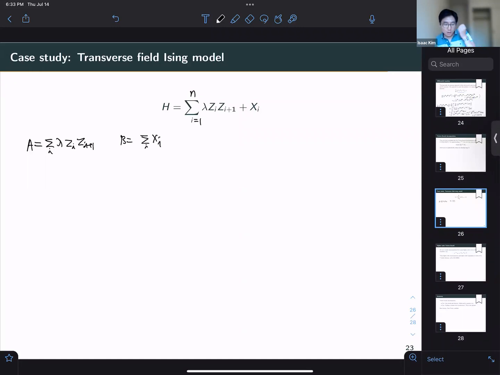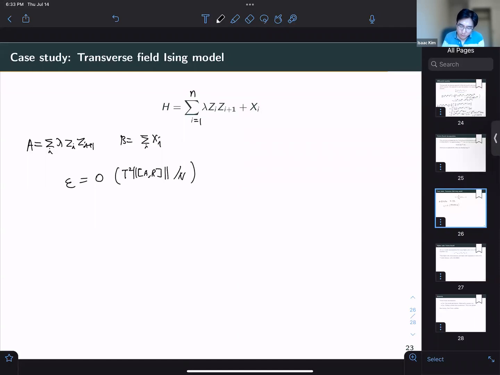And we have seen in the previous slide that the total error would be upper bounded by t squared times the commutator of A and B divided by n, where n is the number of time steps I'm going to choose.